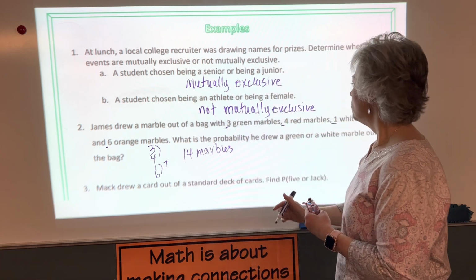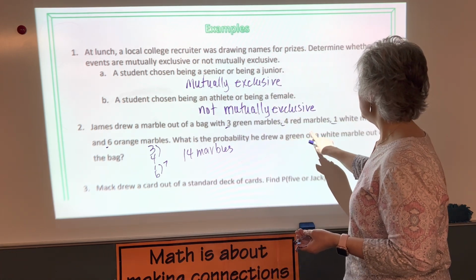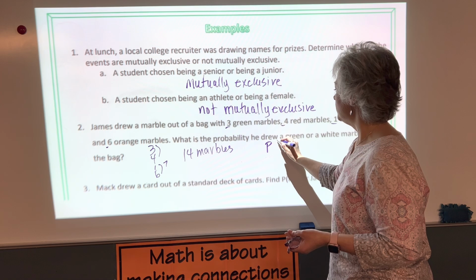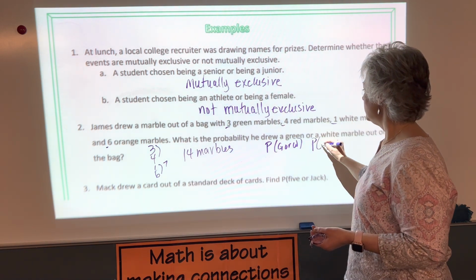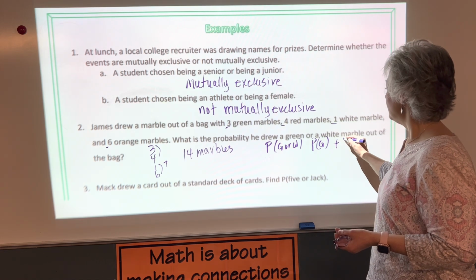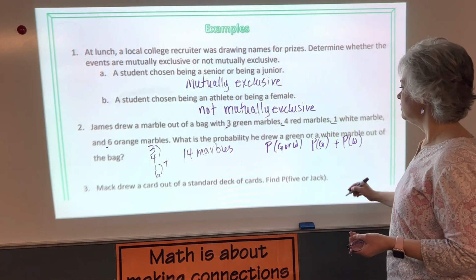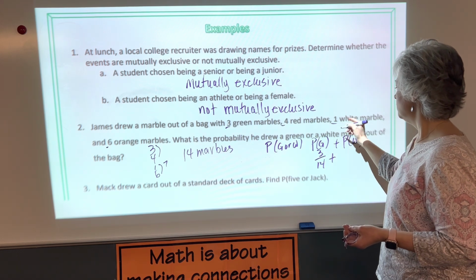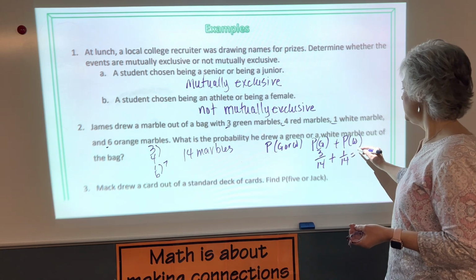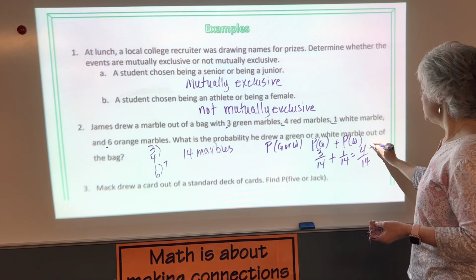Okay, that's our total. What's the probability he drew a green or a white? We're going to do the probability of green and add that to the probability of white. So there are 3 out of 14 plus 1 out of 14, so 4 out of 14.